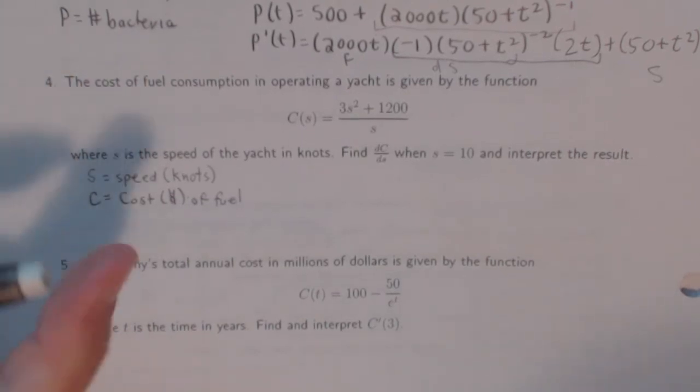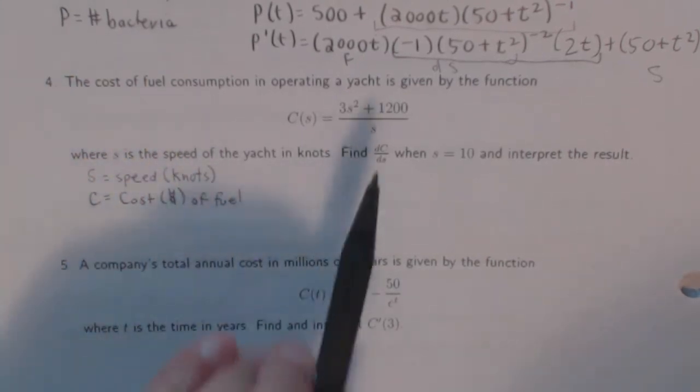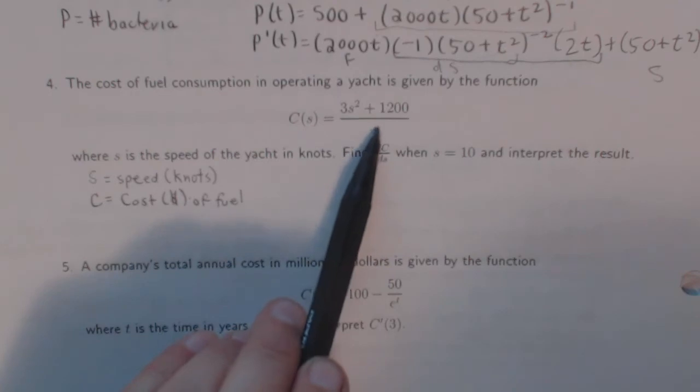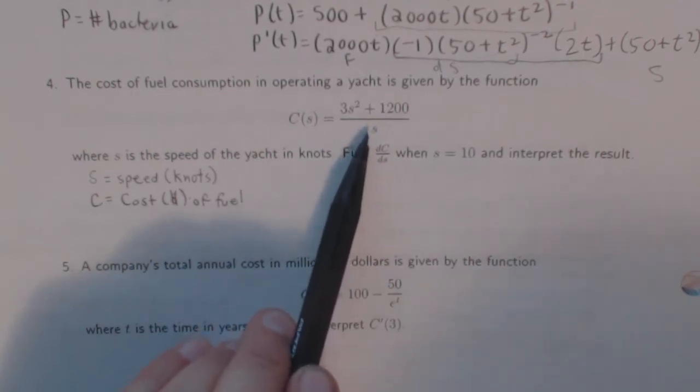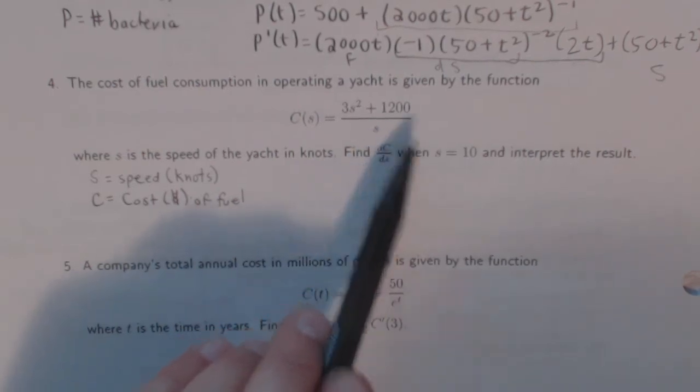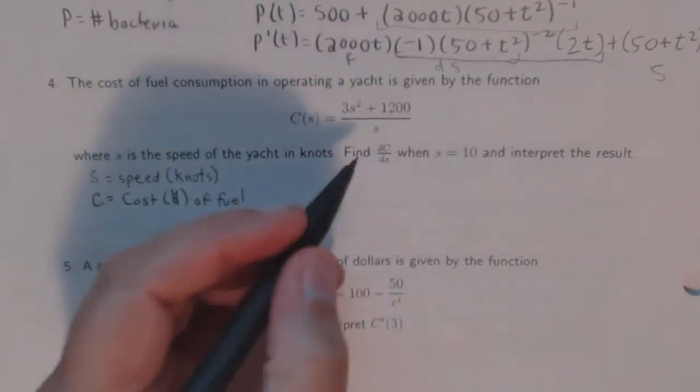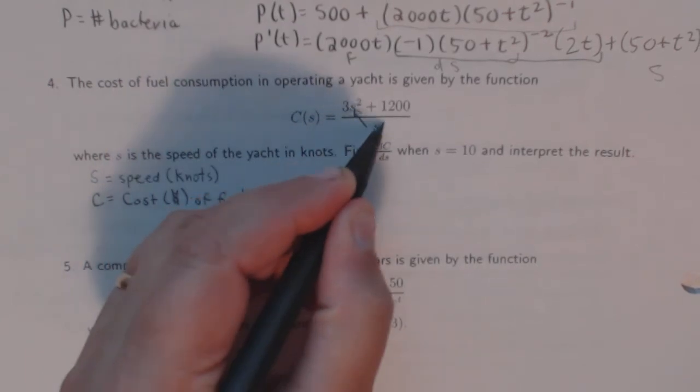So again, we want to find the derivative. So this is a monomial denominator, and so the easiest way to take this derivative would be not to use the quotient rule and not even to use negative exponents, but to just divide this S into both these terms here.